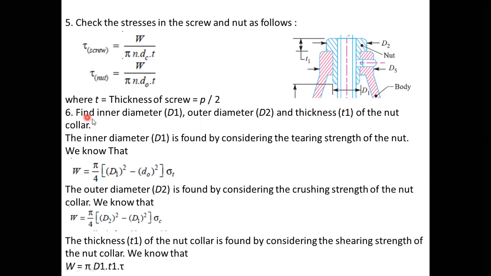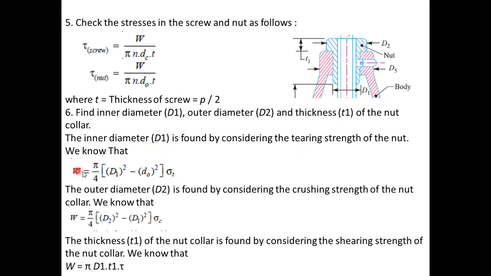Step number 6 is to find inner diameter D1 and outer diameter D2 and thickness t1 of the nut collar. The inner diameter D1 is found by considering tearing strength of the nut. Tearing strength is nothing but tensile strength.